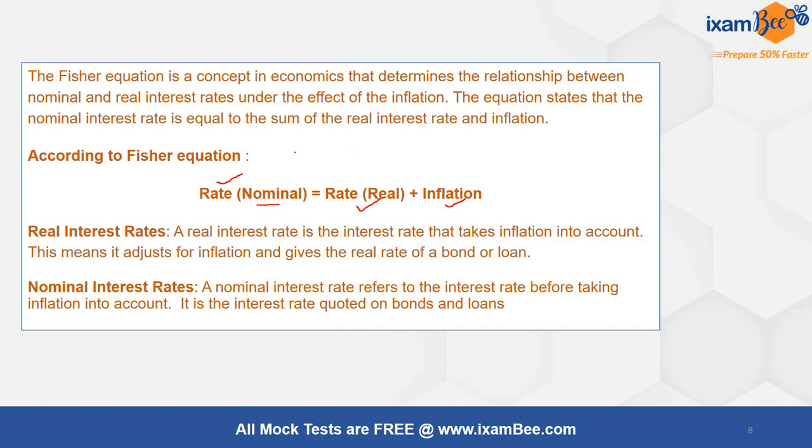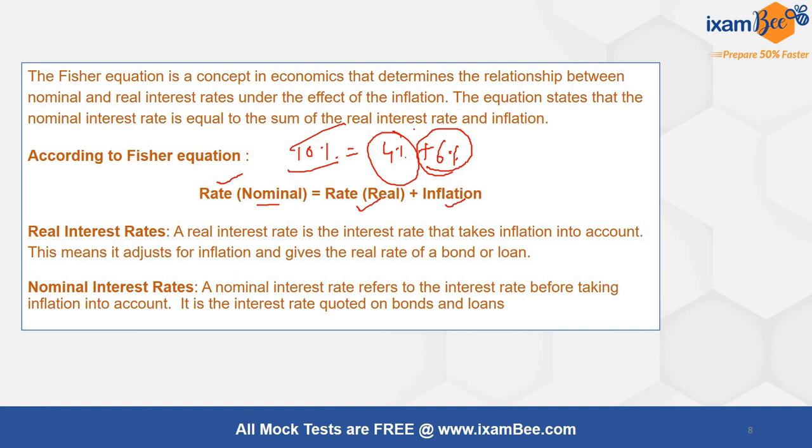Suppose today the nominal interest rate is 10% and the inflation is 6% in the last 1 year, for example. So the real interest rate is then 4%, because every year the prices are increasing 6%. So the actual interest you are bearing is 4%, even if you are paying 10% interest.